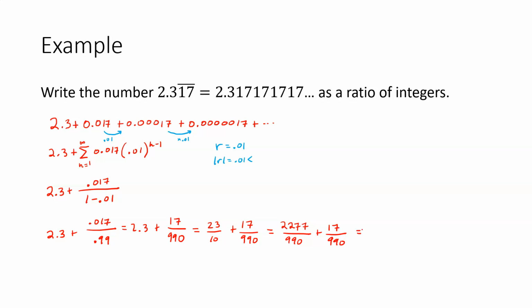And combining those, we get 2294 over 990. And just to double check here on my calculator, I'll do the division of 2294 divided by 990 and see that we get the repeating decimal that we started with, 2.317171717.